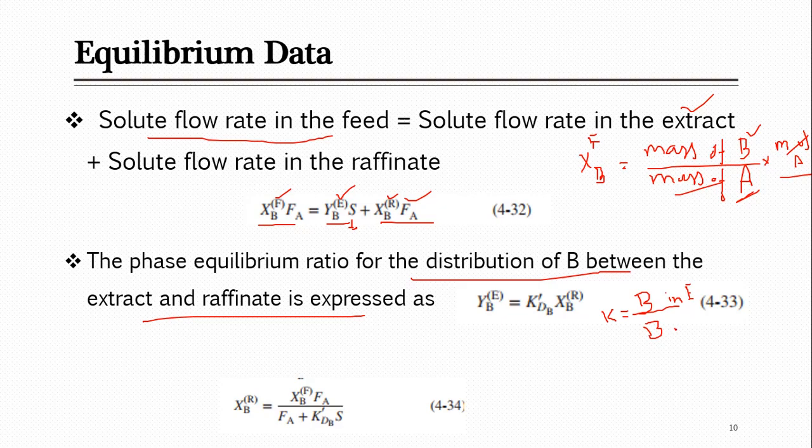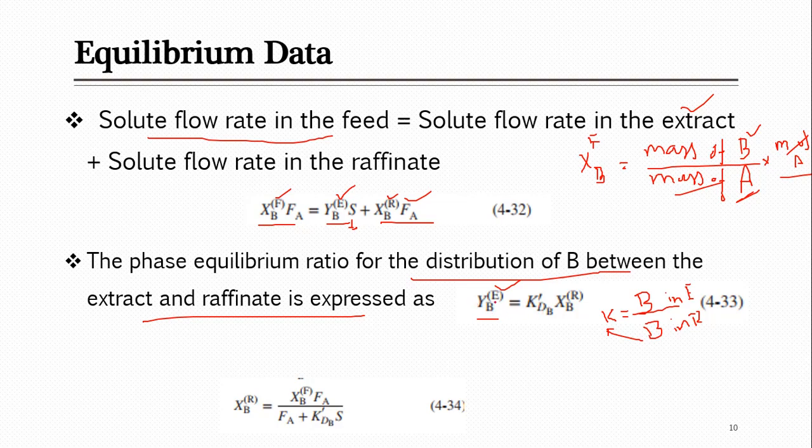But here, as we are talking about mass ratios, it will be the mass ratio of component B in extract over the mass ratio of component B in raffinate. So we have just rearranged it, and that K is the same distribution constant for this B.